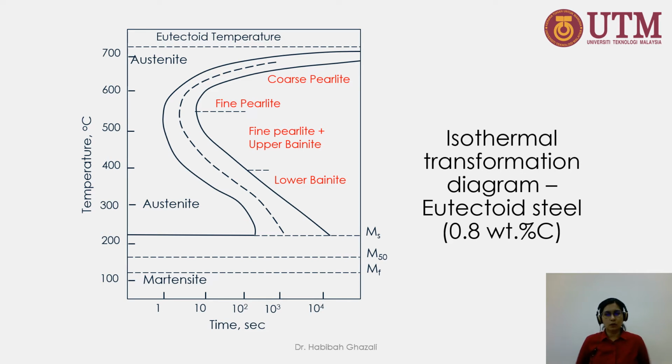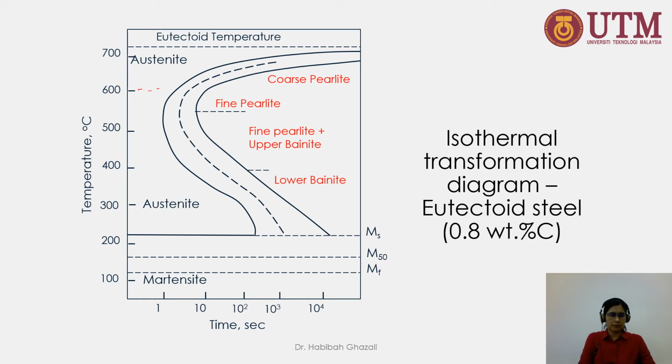So the real isothermal transformation diagram, or the TTT diagram, of eutectoid steel looks like this. From the data that they have gathered from these various isothermal transformation temperatures, they come up with this TTT diagram.